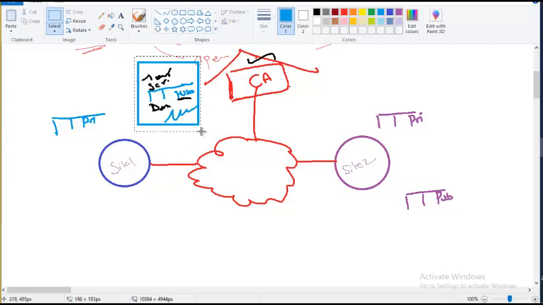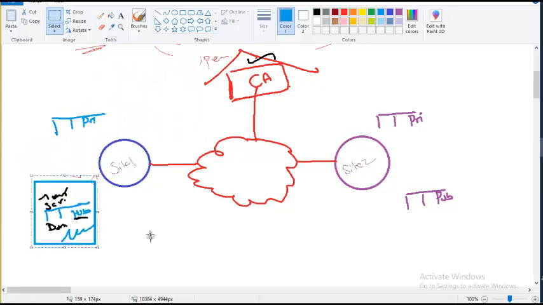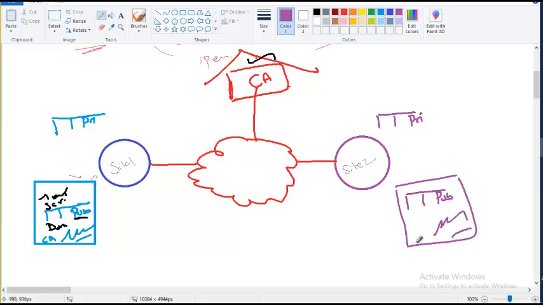Using HTTP or HTTPS, you can download the signed certificate. This is your public key with the CA signature now. Likewise, this also has the CA signature for the public key.